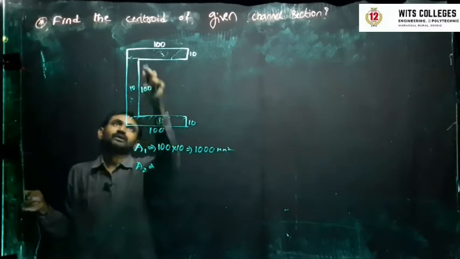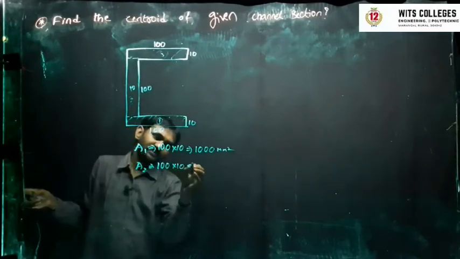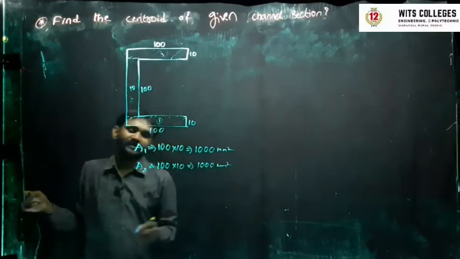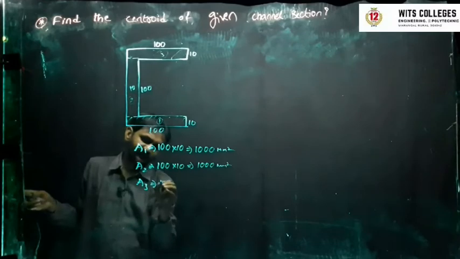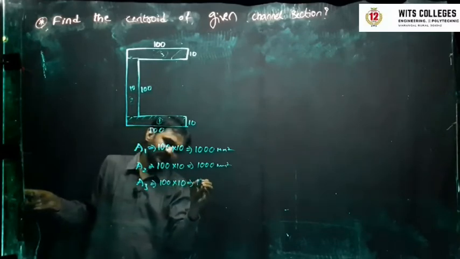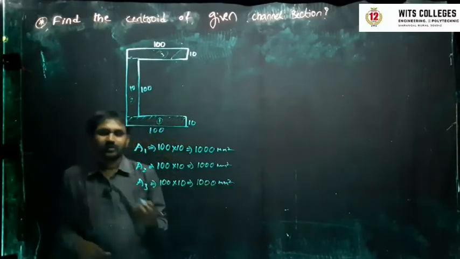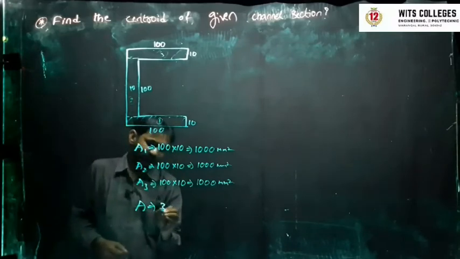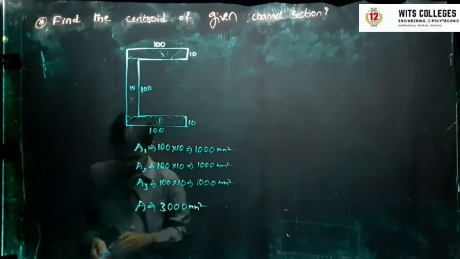A2, this portion, is 100 into 10, so this is 1000 mm square, and A3 is again the same, 100 into 10, so this is 1000 mm square. Now the capital A will be A1 plus A2 plus A3, so that is 3000 mm square.